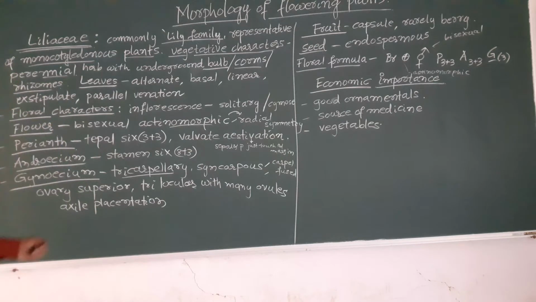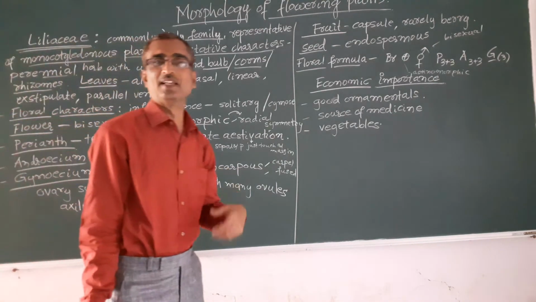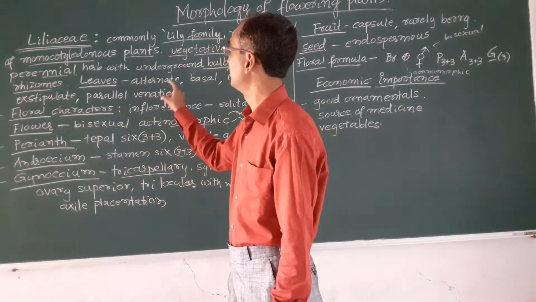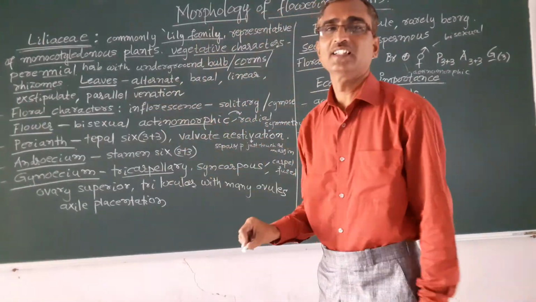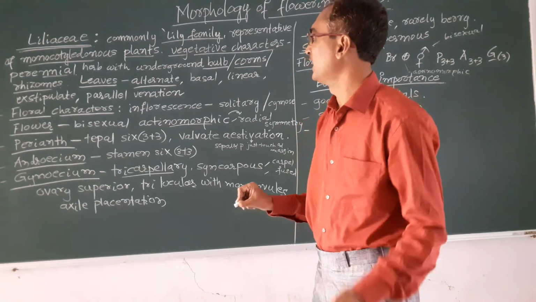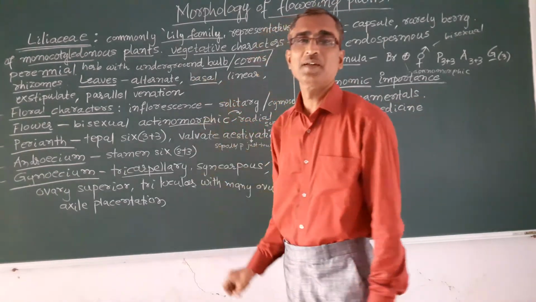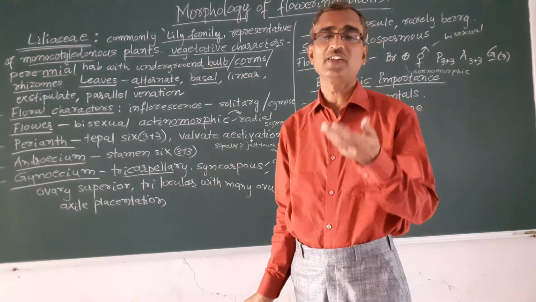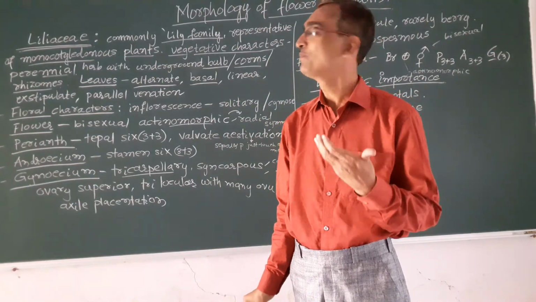Leaves in the Liliaceae family are alternate in nature, that is, they arise alternate to one another, and they are basal. Basal means the leaves appear at the base of the stem.